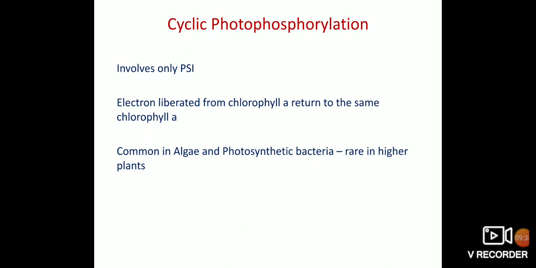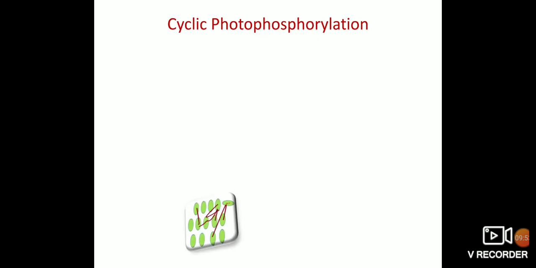This cyclic photophosphorylation is common in algae and photosynthetic bacteria, and it is very rare in higher plants.